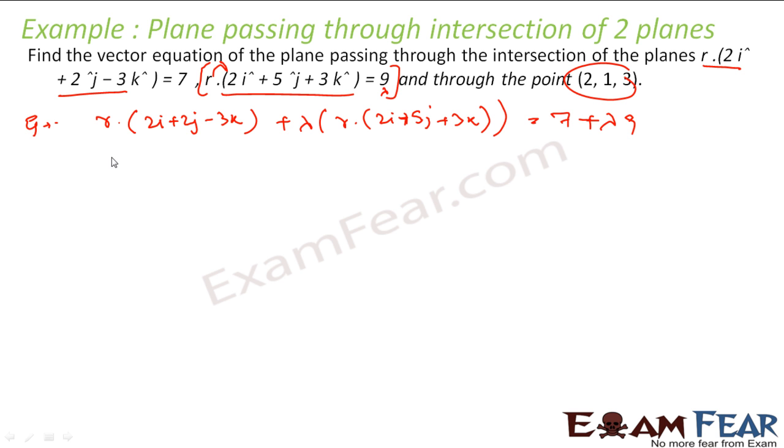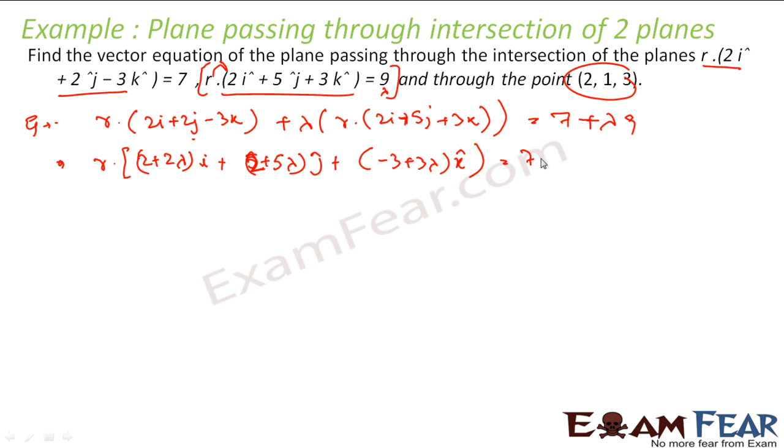You added this. So with this you solve, you get r dot (2 plus 2 lambda) i plus (2 plus 5 lambda) j cap plus (minus 3 plus 3 lambda) k cap is equal to 7 plus lambda 9.